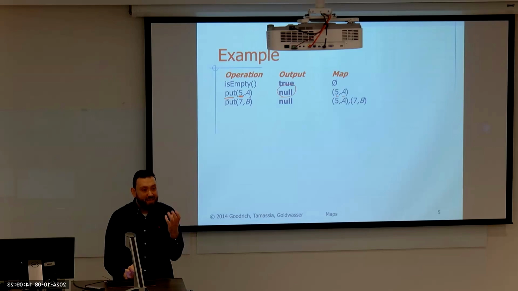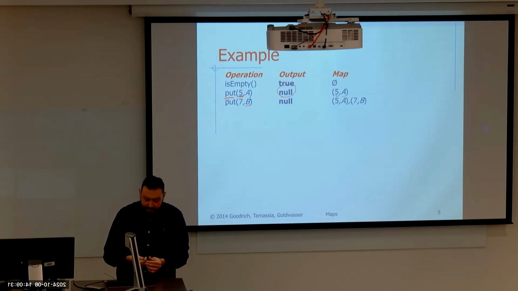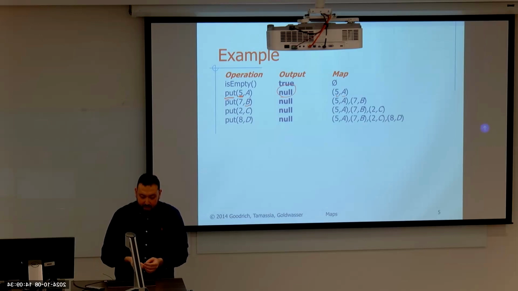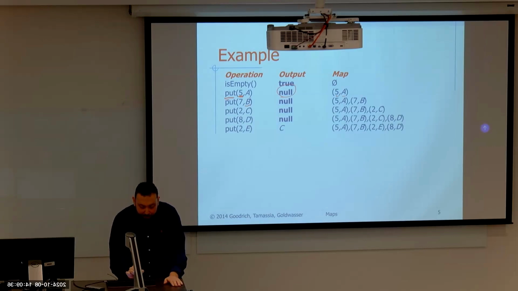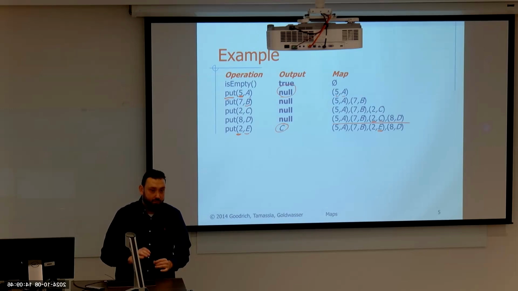What is the key here? 7 is the key, you need to think about it like the index, okay? And then B is my data. Again, it returns null. I do it again. Now, if I put 2E, look here. That's 2, this key exists already. It will return C for me, that's the old value, and it will replace it by the new value E, okay?